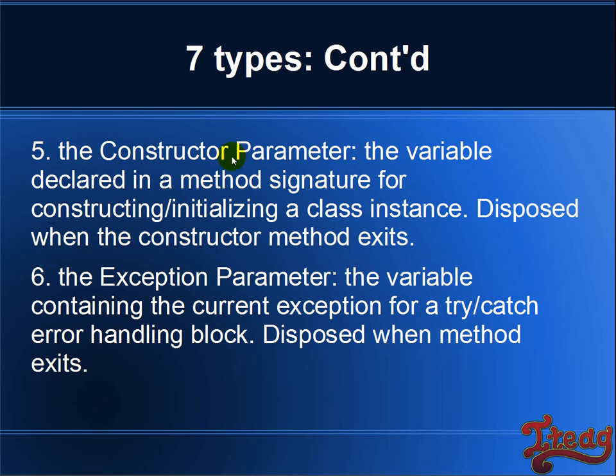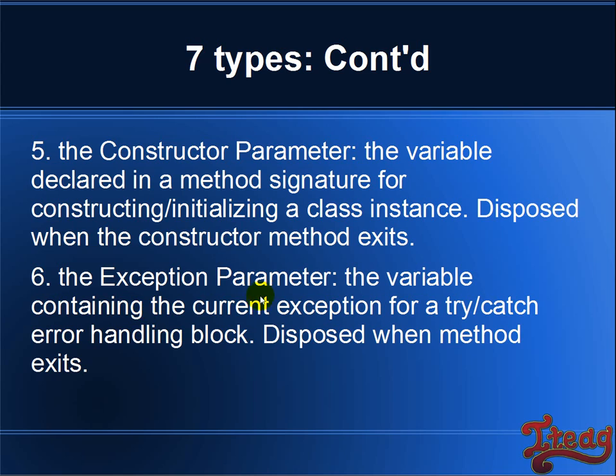And of course, any values that you pass through the constructor, they're disposed when the constructor method exits. Presumably because you set the initial class values to those values that you sent into the constructor. So, constructor parameter, like a method parameter, it just gets an honorable mention because constructors are a special type of method.